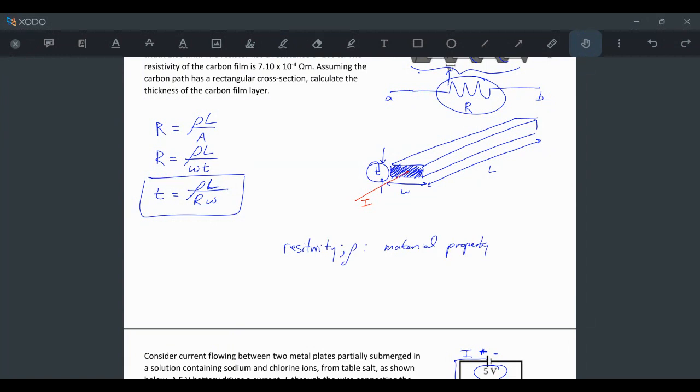Something like a metal that's a really good conductor, like copper or gold, has a very low resistivity. Something that is a poor conductor, like a ceramic, would have a huge resistivity. Even a poor conducting metal like aluminum has a much higher resistivity. So that's the first piece that goes into this.